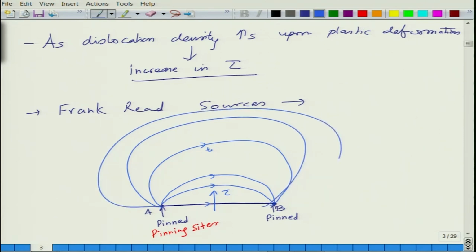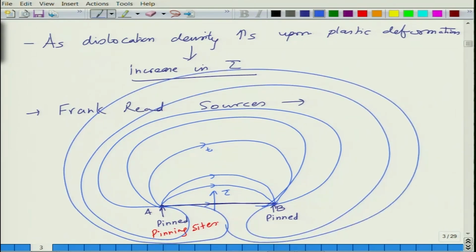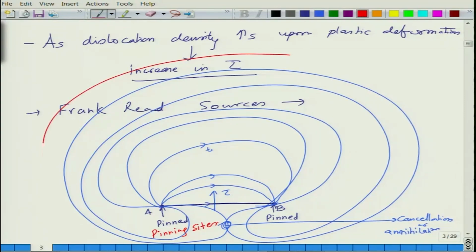It just keeps increasing like this, slowly bowing out before it becomes like this, and these two components then cancel each other because they are of opposite sign, cancellation, or you can say annihilation, leaving a dislocation loop around.